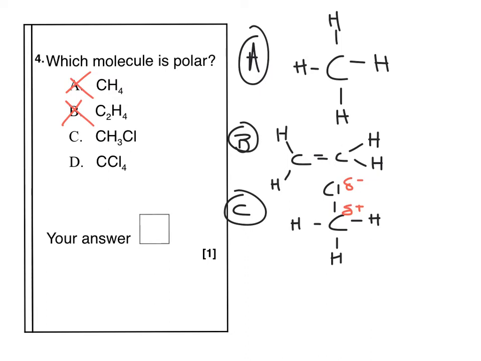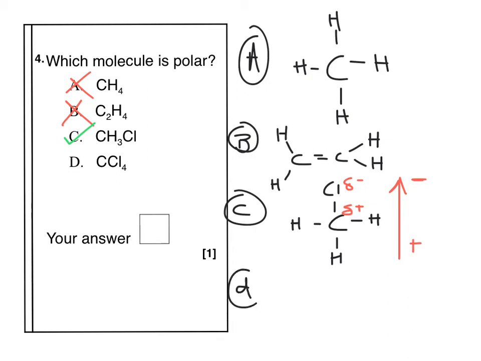Because you therefore have a difference across the molecule, where you have a slightly more negative side and a slightly more positive side, you now have a polar molecule. So C has to be polar.